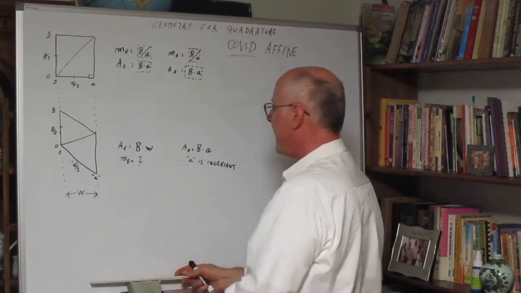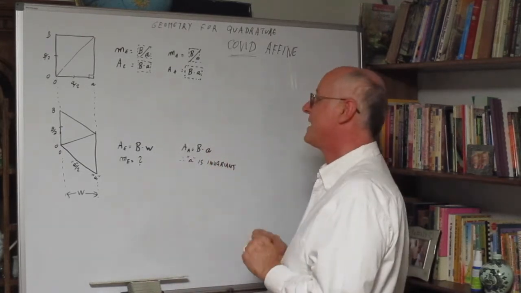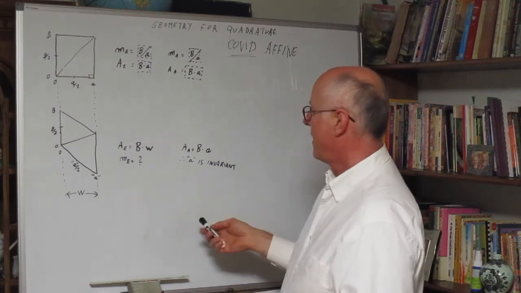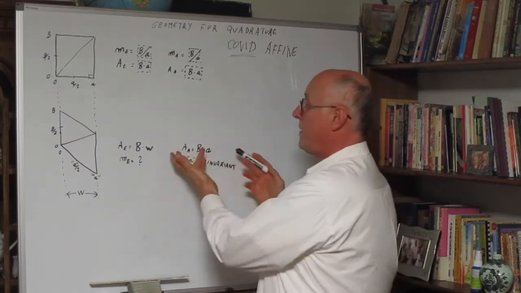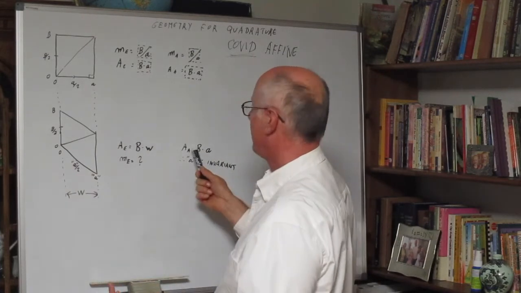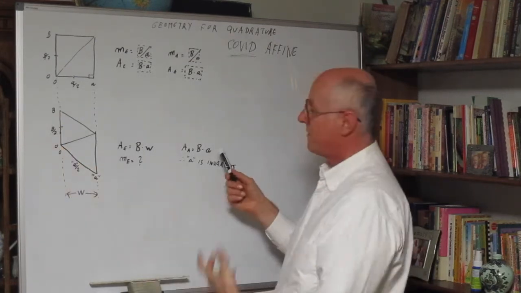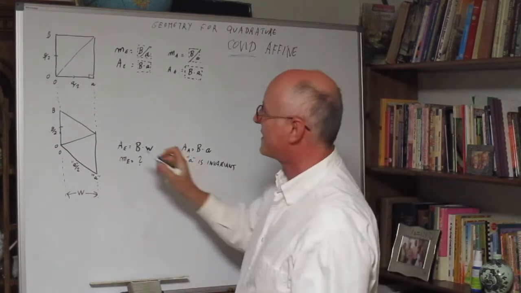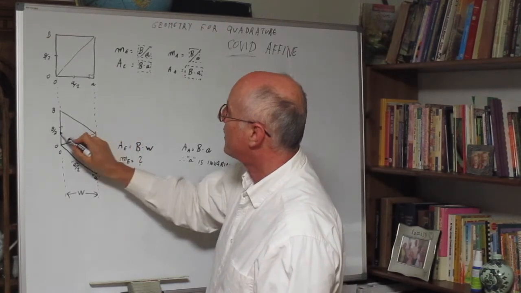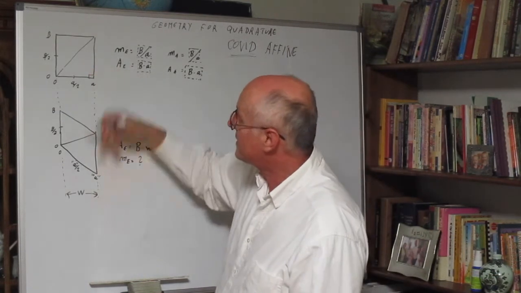To affine, he looks at this thing and he says, well, area, it's just B times A. The thing with affine is he has no notion of the distance from here to here. There's this W that Euclid sees.